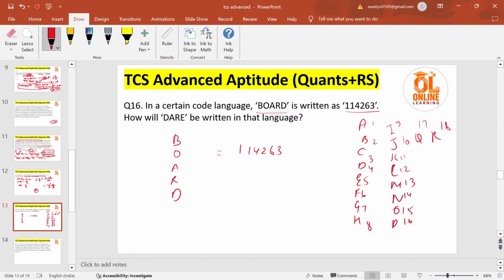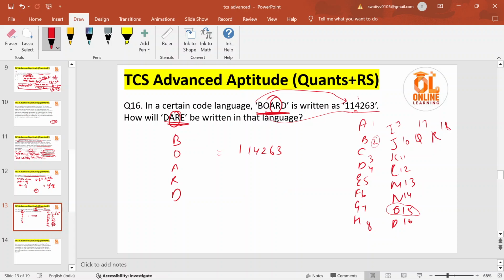Okay guys, so if I see board and dare, can I say that A, R are common over here? Yes. And if I say B, B is written as 1, then 1 is 2 minus 1, and O is written as 14. Here the actual value of O is 15, so here it is written as 14, that is minus 1.